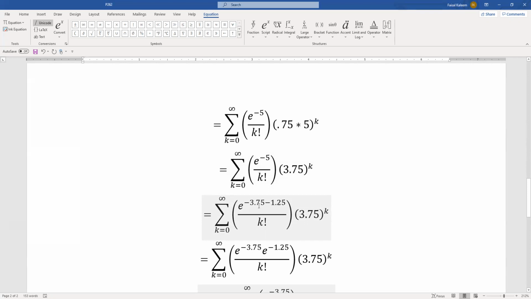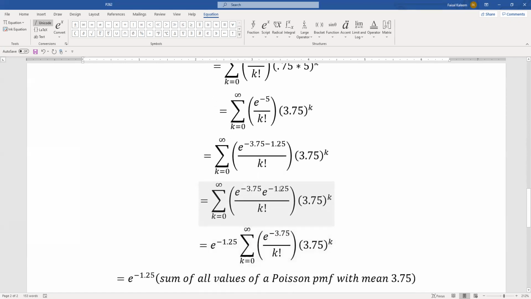So first of all, we break this up. This is e to the negative 3.75 times e to the negative 1.25. And the next step, I'm going to pull this e power negative 1.25 out because that's not belonging to the Poisson PMF. I need this e to the negative 3.75 over k factorial times 3.75 power k. And now that exactly is the Poisson PMF with mean 3.75.